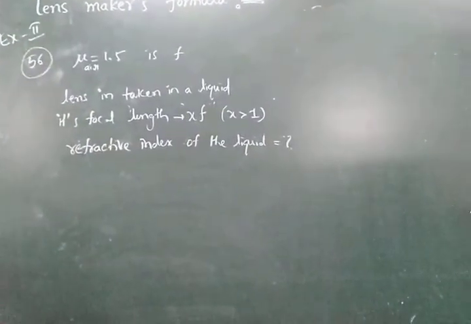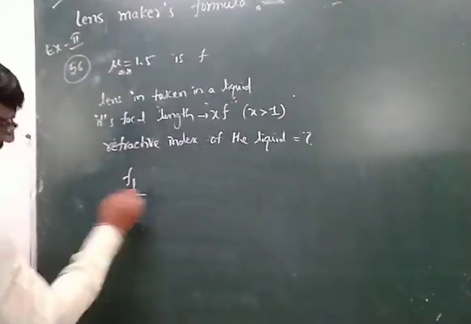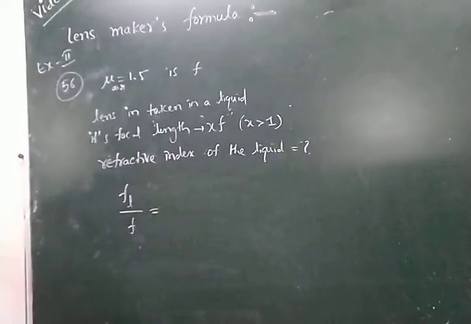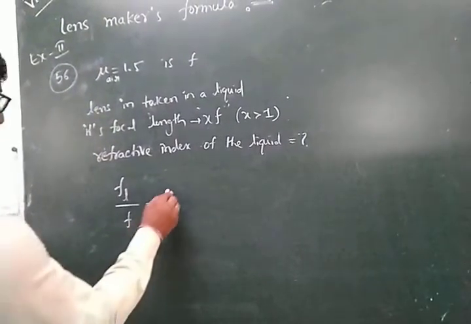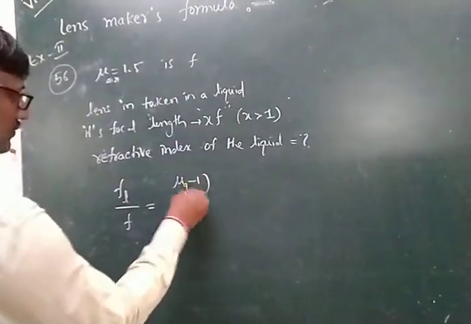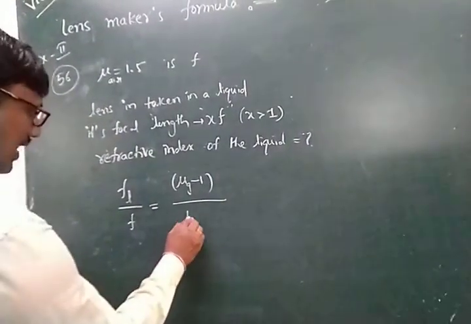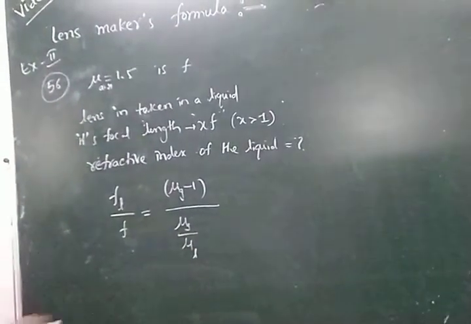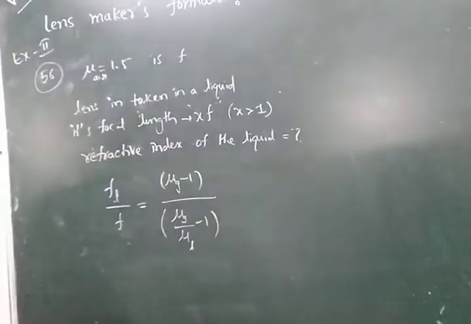We know the formula. The focal length of liquid by the focal length of air is equal to the formula: we can write nu g minus 1, the refractive index of glass minus 1, by the refractive index of glass by refractive index of liquid minus 1. Now take the LCM.